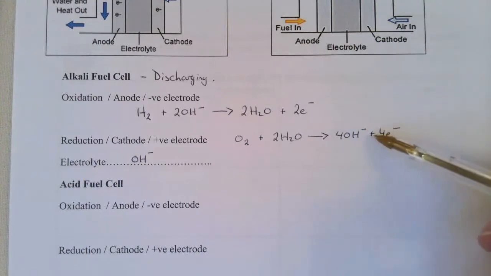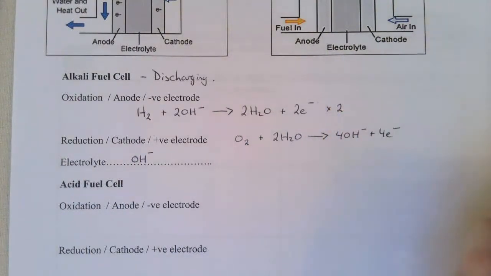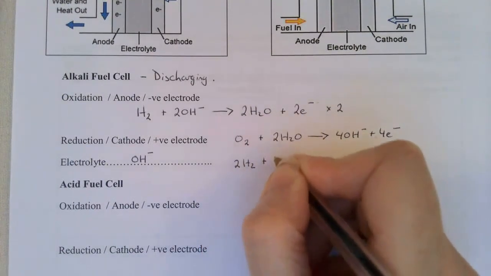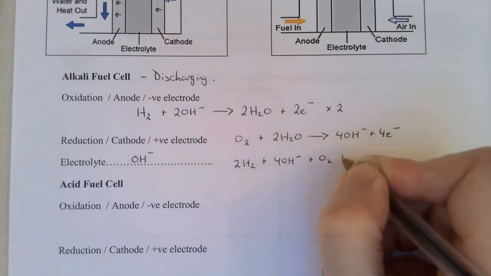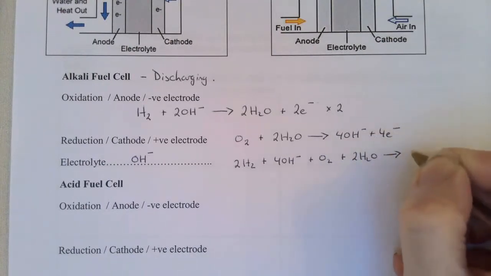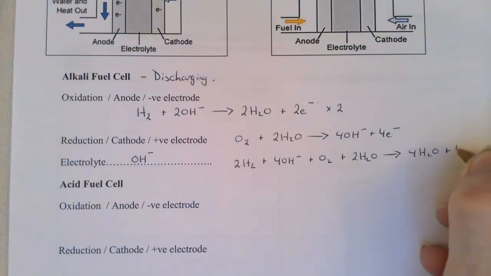Now when I put these two half equations together, notice I've got to times this one by 2, so I get 2H2 plus 4OH negative plus O2 plus 2H2O goes to 4H2O and 4OH negatives.